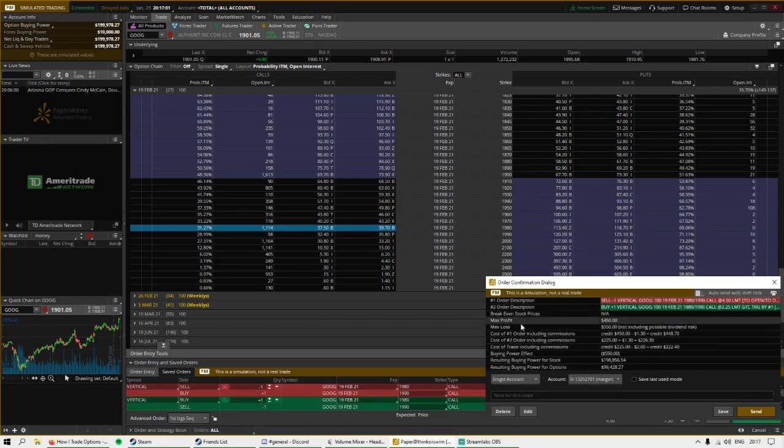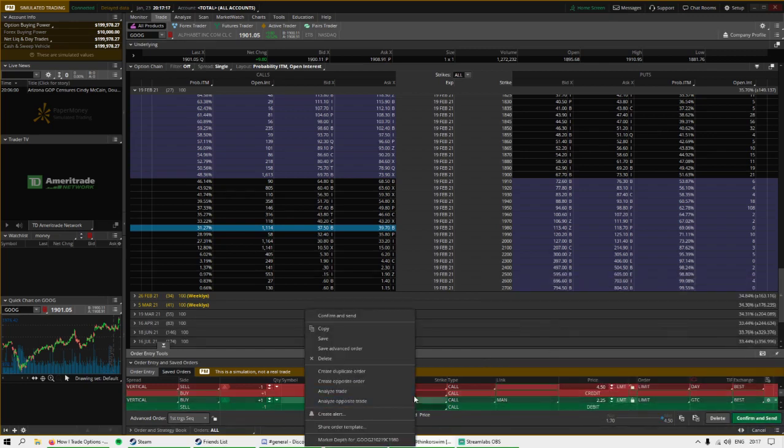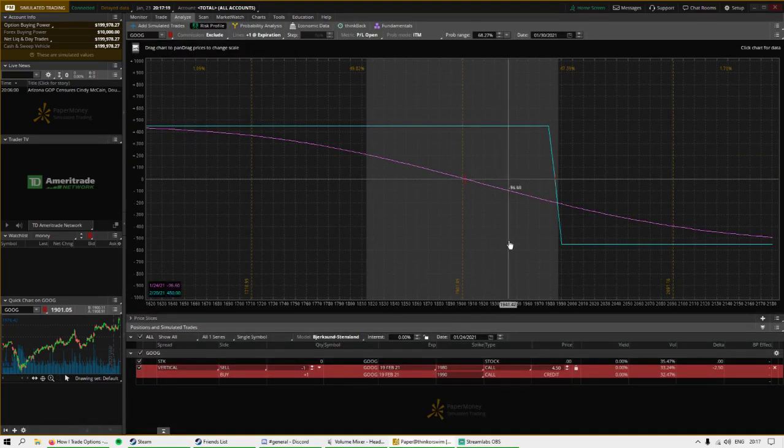So this tells me my max profit, my max loss, and then how much money I need to have in my account to put this trade into effect, and the different costs it will be. But just to show you why I only do verticals, so here's selling the vertical.